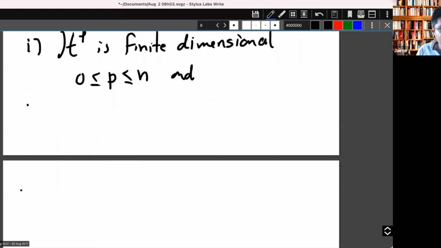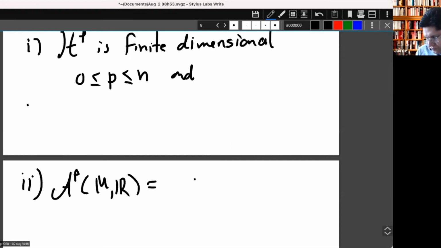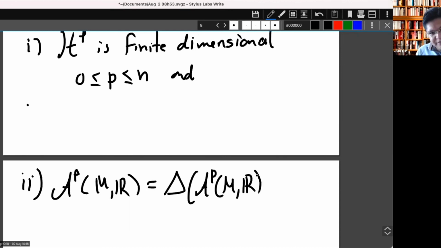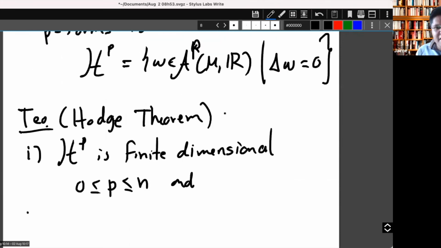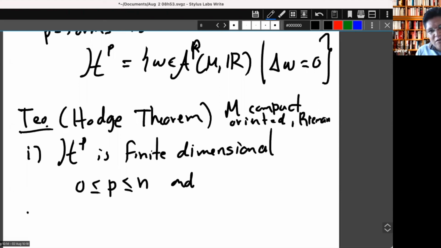The second part is that you take the space of real p differential forms, you can write this as a direct sum of the Laplacian of p and R. Okay, I didn't say this, but M is from the beginning a compact, oriented, Riemannian, smooth manifold.